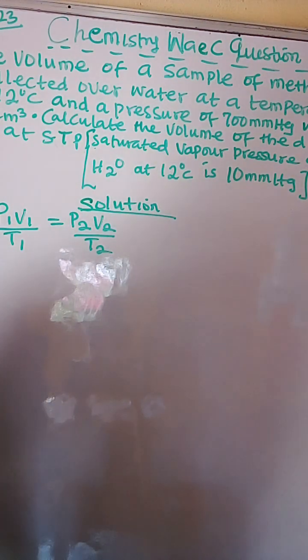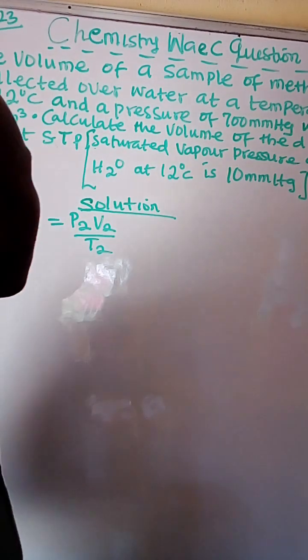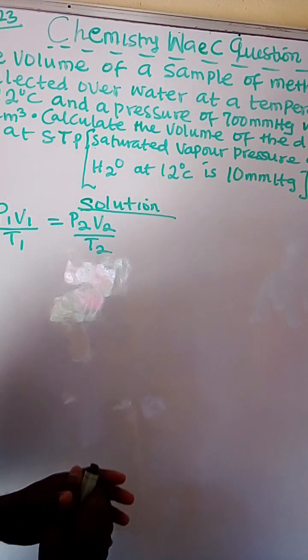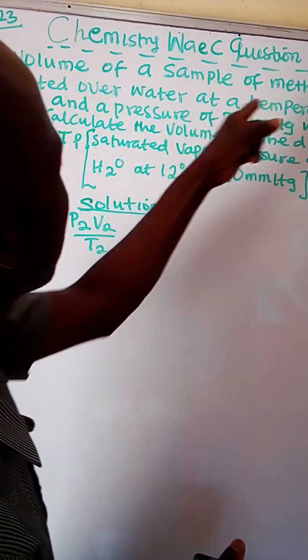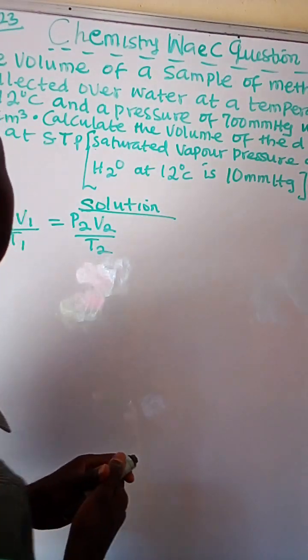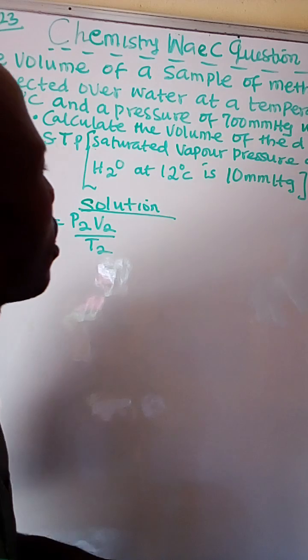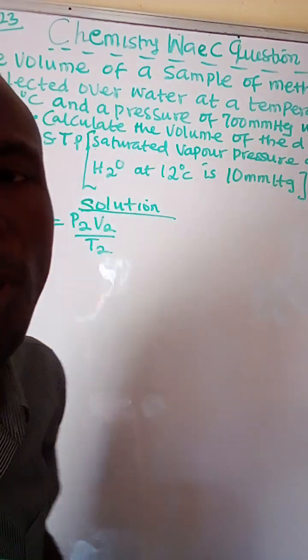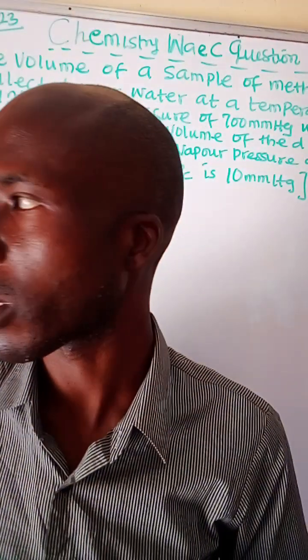So from the question, the initial pressure, P1, is given. Let's look at the question. The volume of a sample of methane collected over water at a temperature of 12 degrees Celsius and a pressure of 700 millimeter mercury.